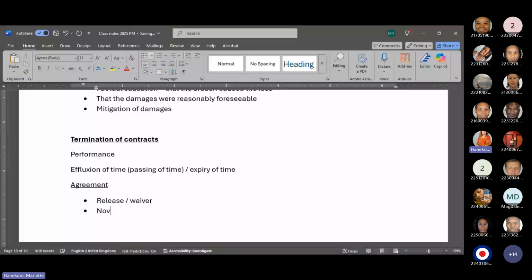Another way in which parties can agree to terminate a contract is by way of novation. Let's carry on with Evelina and Daniel. Next class, I'll use some different names, but we're busy with Evelina and Daniel this time around. So Evelina bought Daniel's cell phone and agreed she will pay him $1,000 at the end of the month.